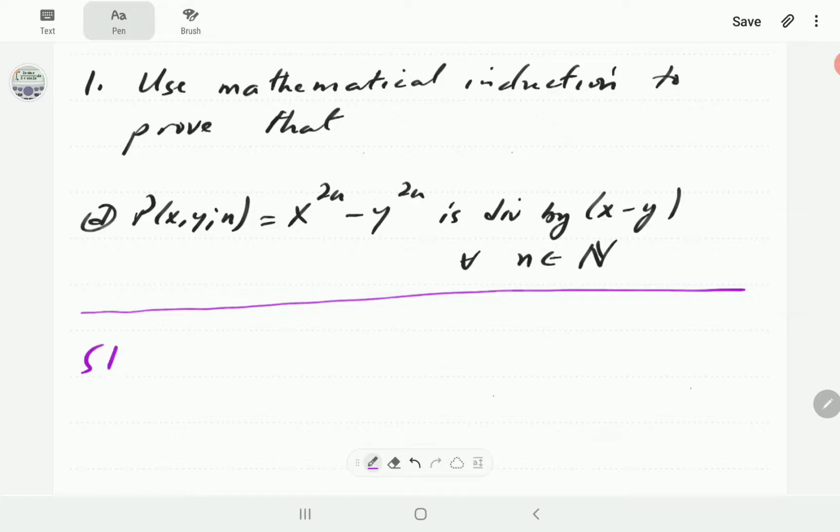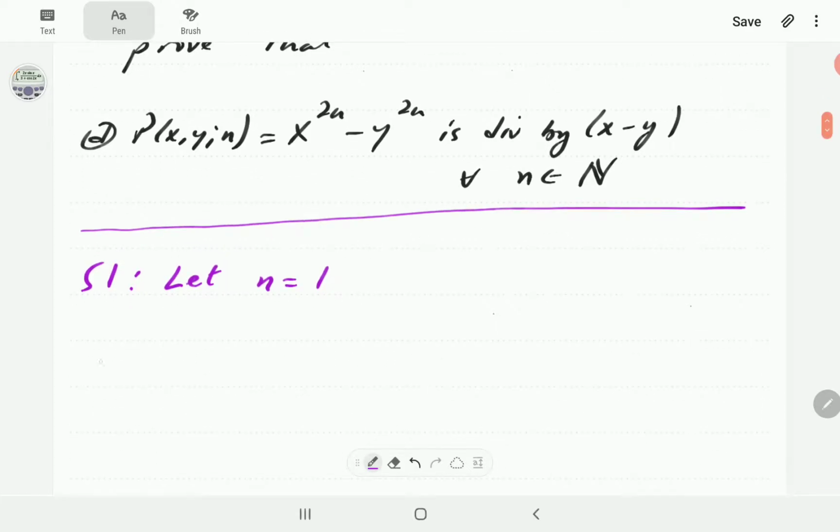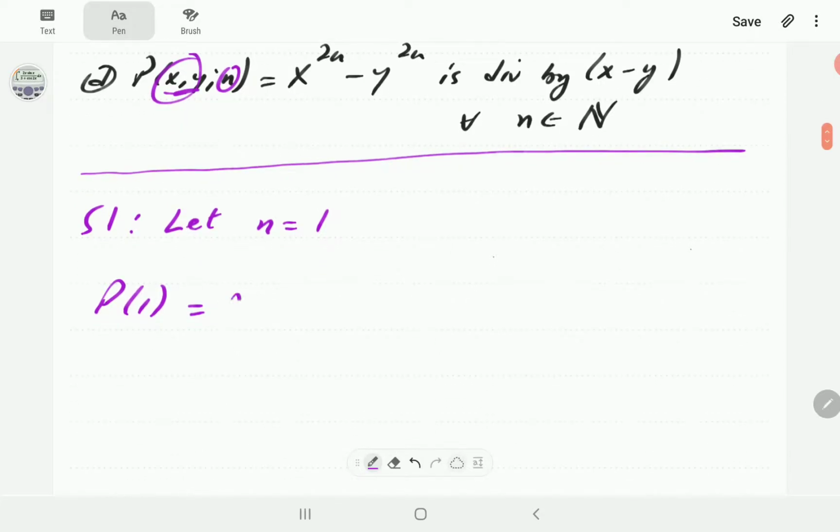So in step number 1, we are going to let n be equal to 1. Then p, when n is 1, I'm just going to stick with the x and y, I'm not going to write n for brevity. So this is going to be x to the power 2 times 1 minus y to the power 2 times 1, so this is going to be x squared minus y squared.